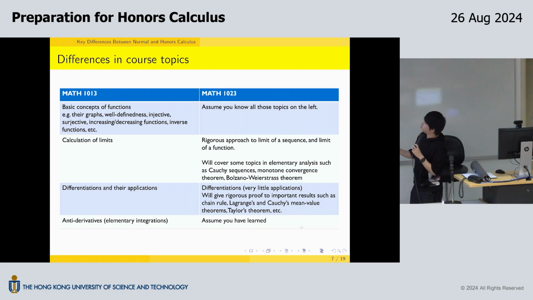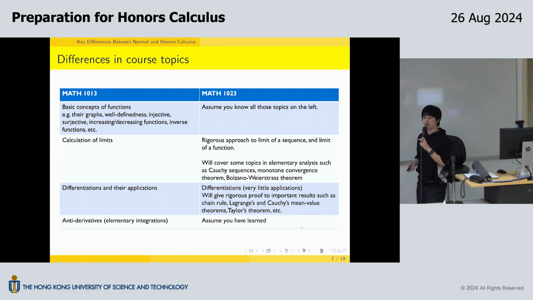Okay, so let me talk about the difference in course topics. In the normal calculus course, if you are DSC students, then you may find that it is a bit similar to what you have learned in M2, although a bit more advanced.